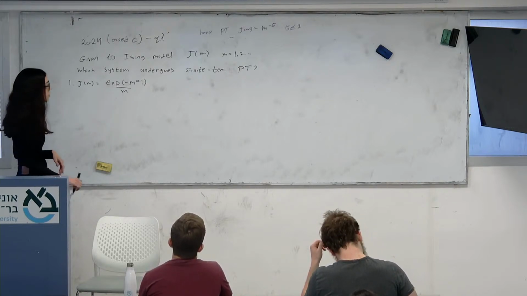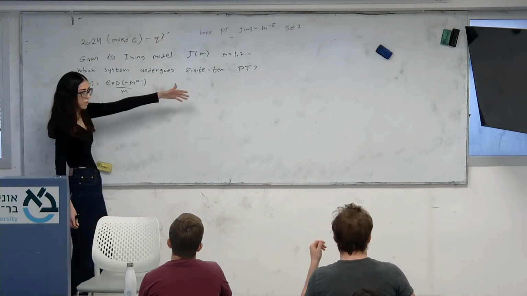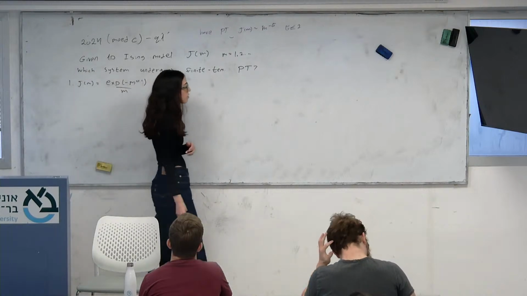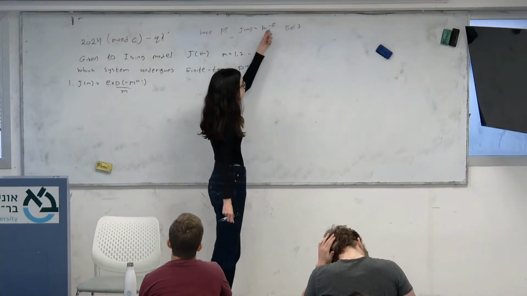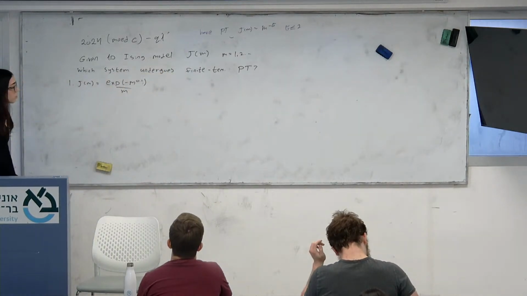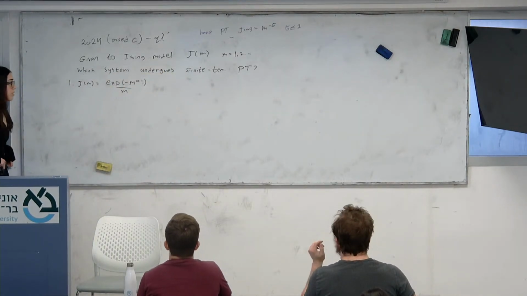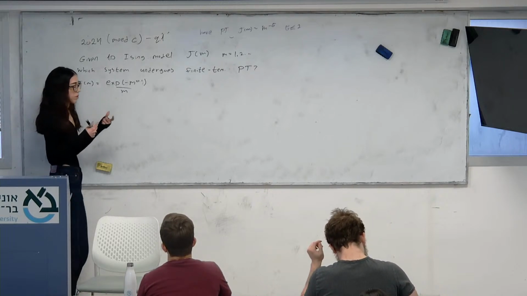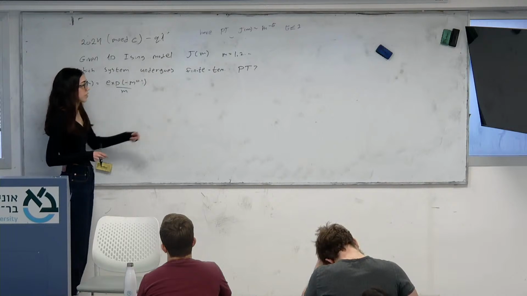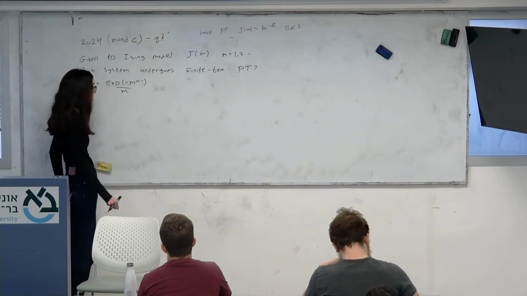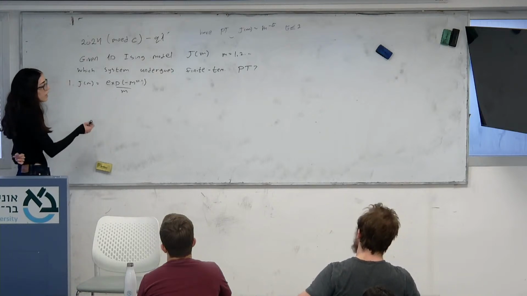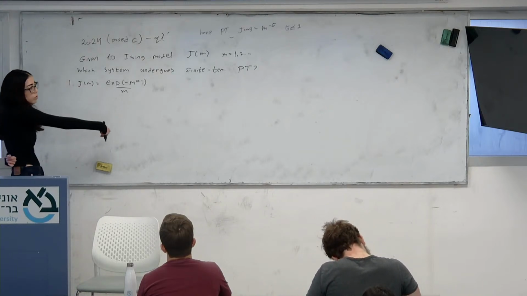So what we want to do is to check how the function decays for large values of m, and if it's faster or slower than m to minus 2, then we know if we have phase transition or not. Not always is it easy to expand like a Taylor series for large m. So the easiest way to do it is to multiply it by m squared and see if you get something that goes to 0 or to infinity.